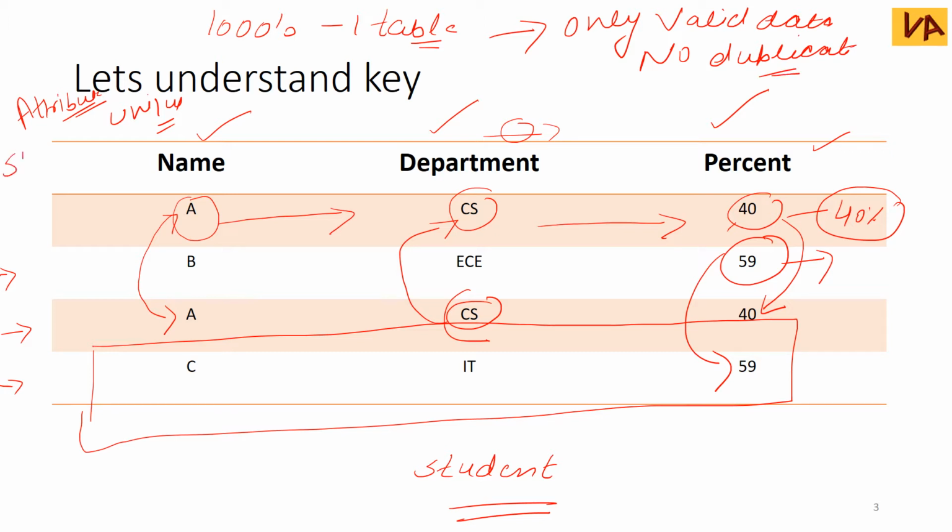For example, here we are going to add a student ID column where the first person has ID 1, the second has ID 2, and we will give the third person number 3 as an ID and the fourth person number 4 as an ID. Now you can see that there is no duplicacy of the numbers. If we give 1 to a record, then we are not going to give this 1 to any other person.